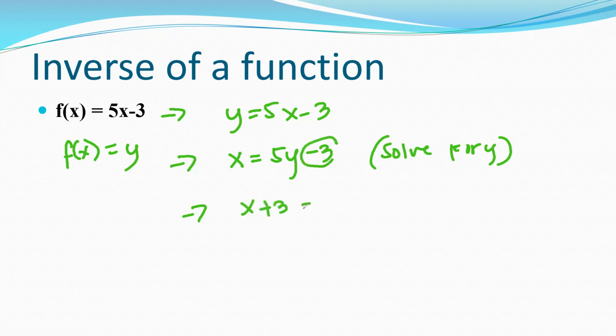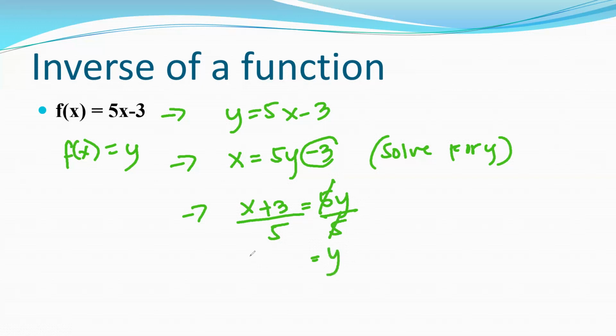This will become positive 3. That's 5y. And we have to make sure that the numerical coefficient of y is 1. So we need to divide both sides of the equation by 5 to cancel 5. Now, 5y divided by 5 is y.